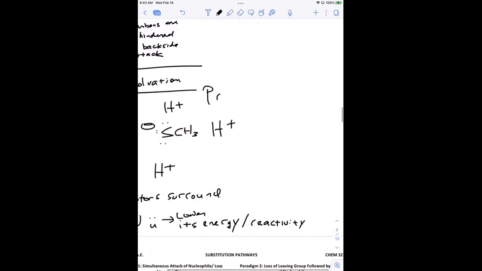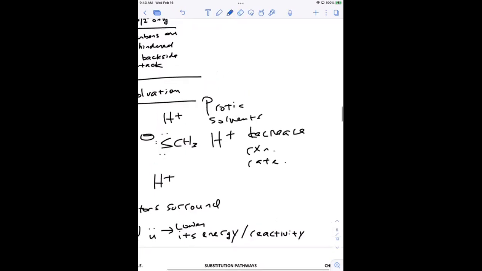Protic solvents decrease the rate of reaction. So protic solvents are going to decrease that reaction rate.